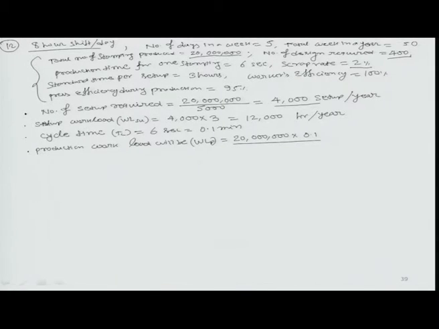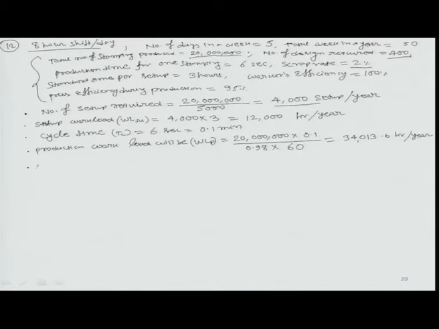Scrap rate is 2%, so we subtract it from 100, so it will be 0.98, and again we have to convert it into hours, so we divide by 60. So, we will get 34,013.6 hours per year. That is the production workload.